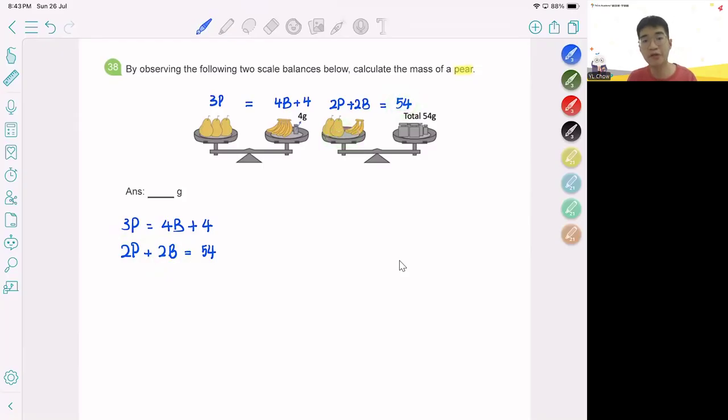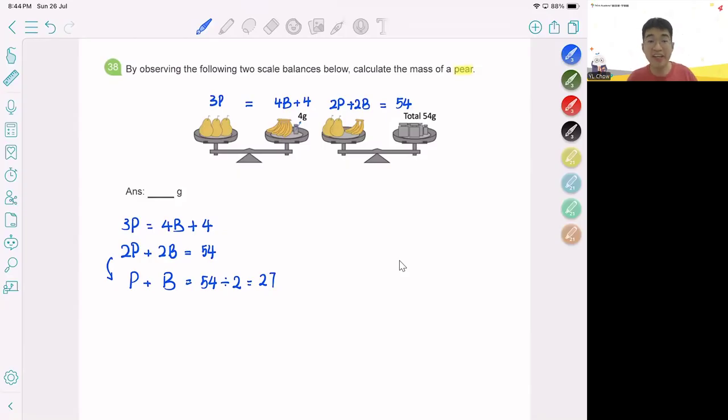So intuitively, you might want to simplify the equation and find out, what if I only have 1 pear and 1 banana? 2 sets is 54 grams. From this equation, we can get that 1 set, 1 pear and 1 banana, will be 54 divided by 2 equals 27 grams. 1 pear and 1 banana is 27 grams in total.